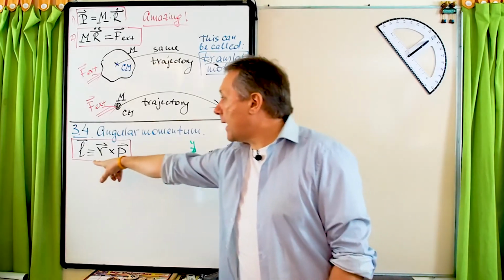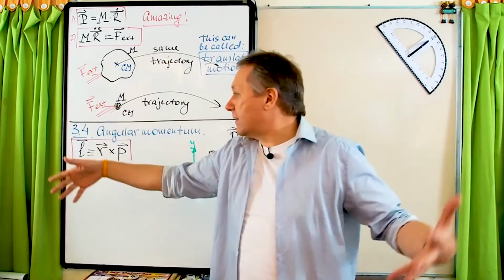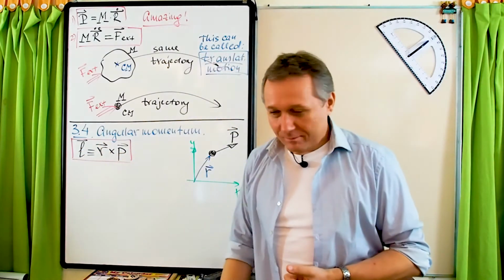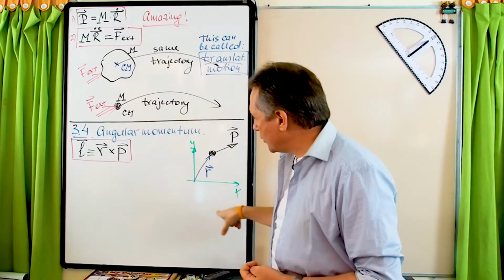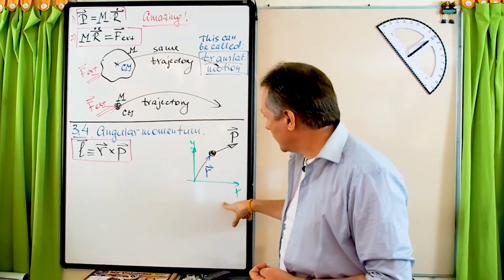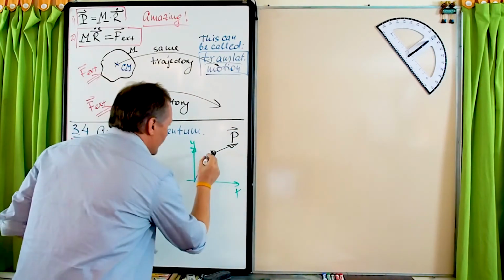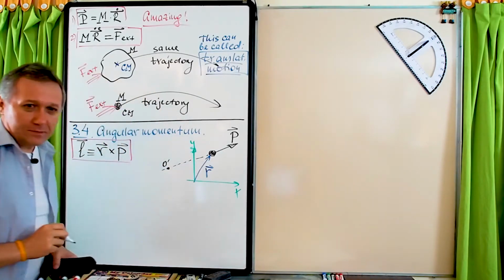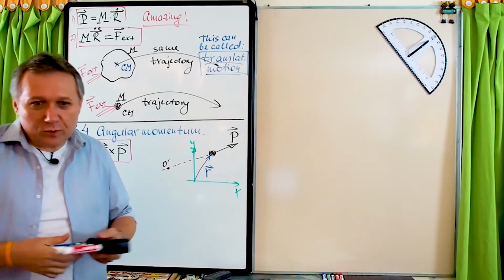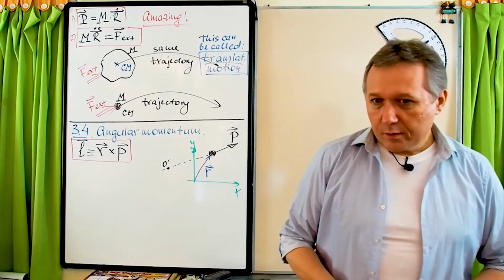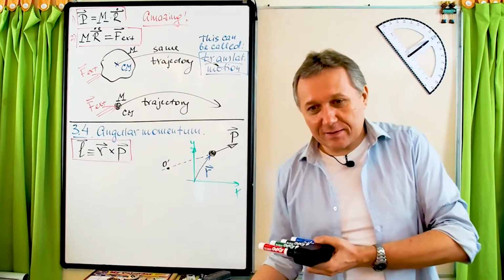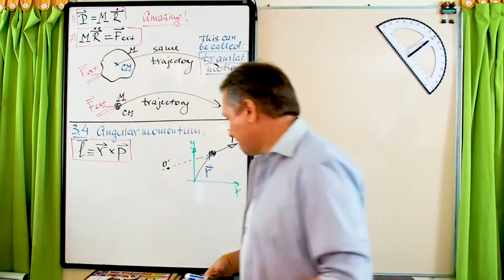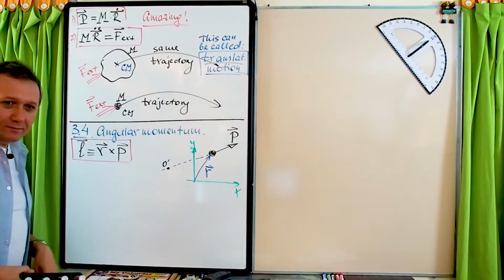So basically, you can get any value of L. You can just grab the origin and keep moving. You can make L bigger, you can make L smaller, or even if you position the origin along this line, for example over here, O prime, in that case angular momentum will even be 0. So from one point of view it's nice because you have the freedom to give L any value.